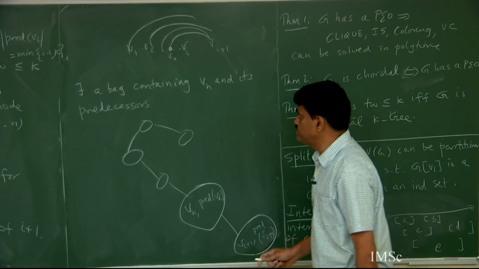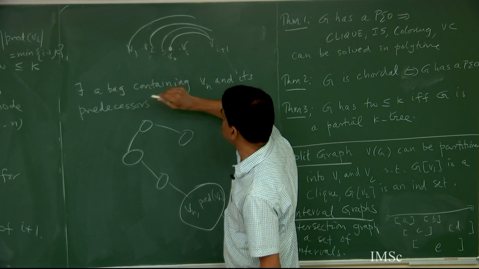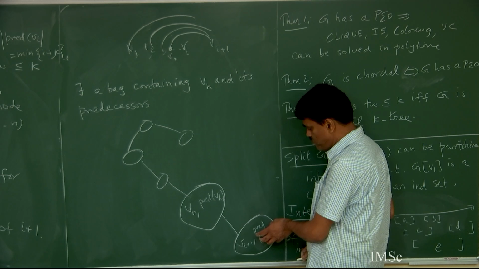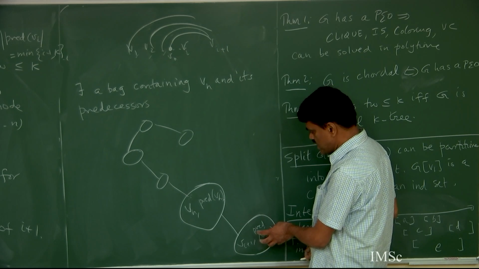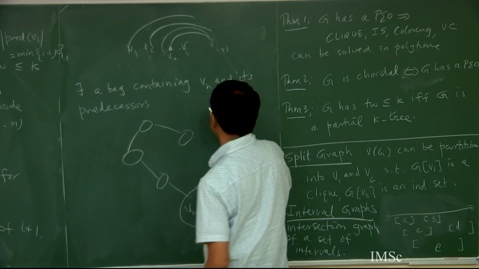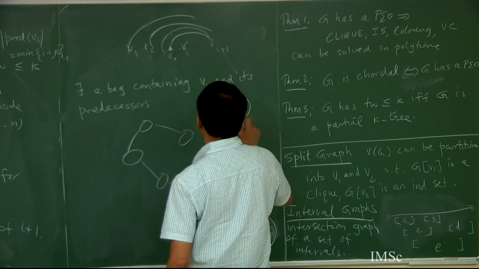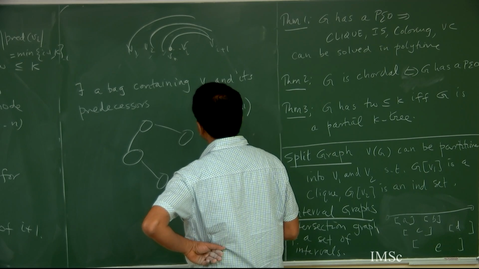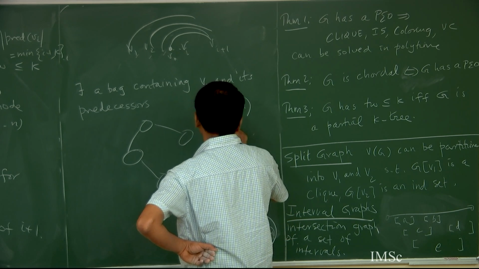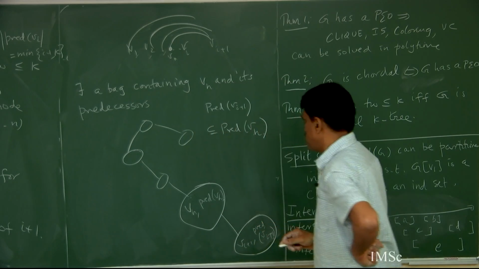Because Vi plus 1 has some vertices here, there are some old vertices, I agree, but the important thing is that this is a subset of this. What am I saying? Predecessor of Vi plus 1 is a subset of, why is that?